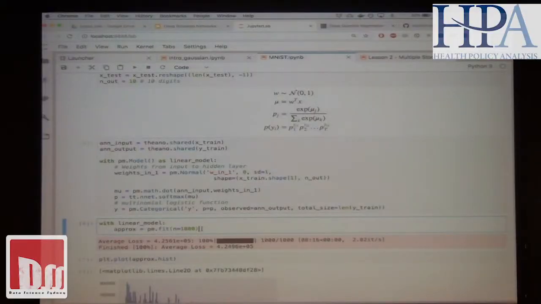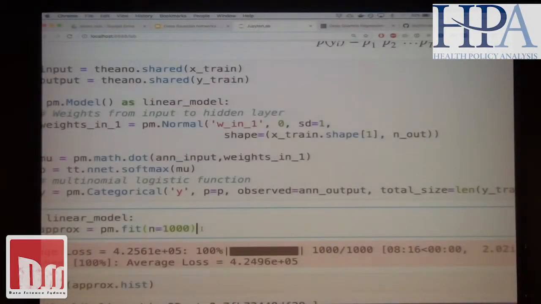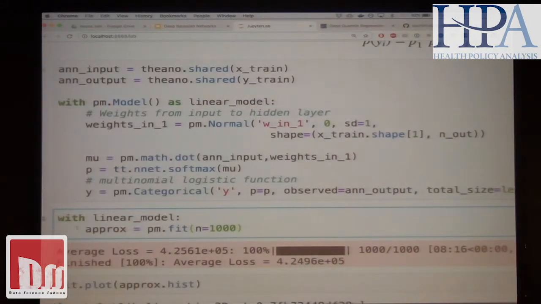So the machine learning aspect comes from the fact that this is faster than just sampling. Before, I did pm.sample, which was proper MCMC sampling, whereas this one is variational based. It's an approximation, and that's why I wrote the prox.